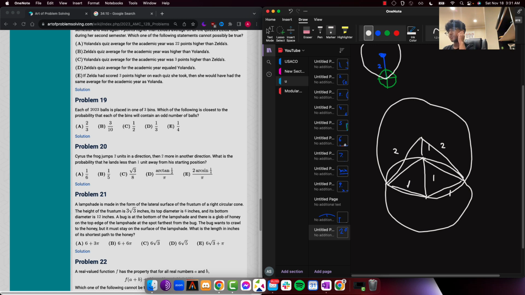I'm pretty sure you have to use arcsine though, because you can just get the thing from the law of sines. So okay, I'm pretty sure we just have to use arcsine.